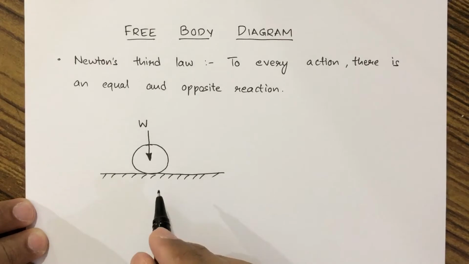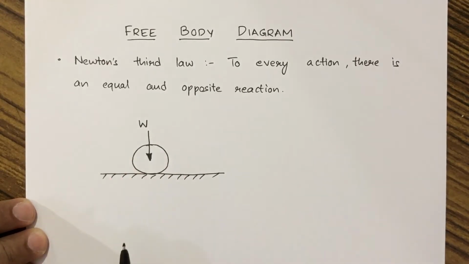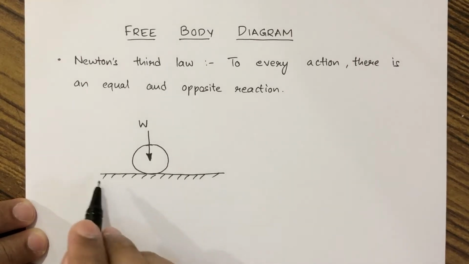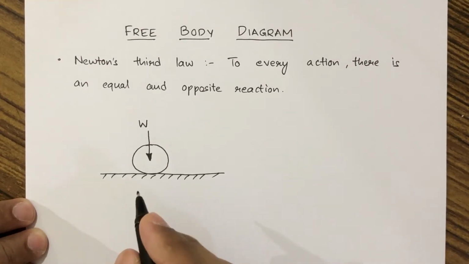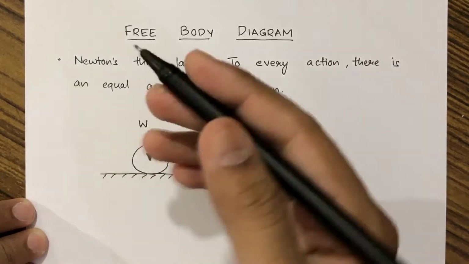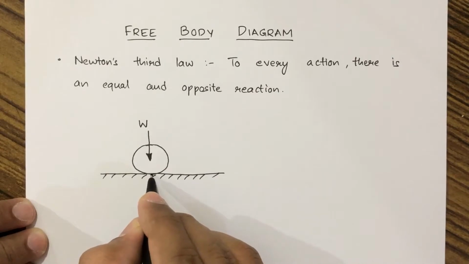Now this force is known as the action. This plane surface will exert an equal force vertically upwards on the ball at the point of contact. Suppose this is the point of contact.